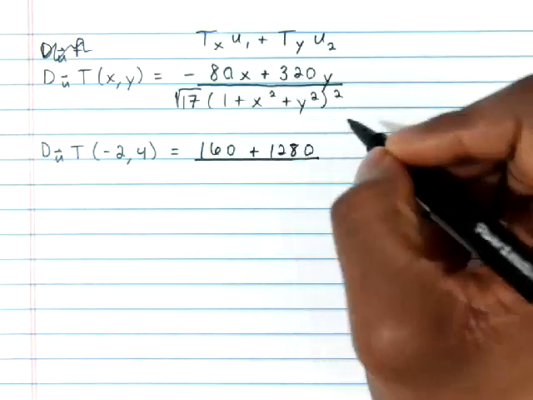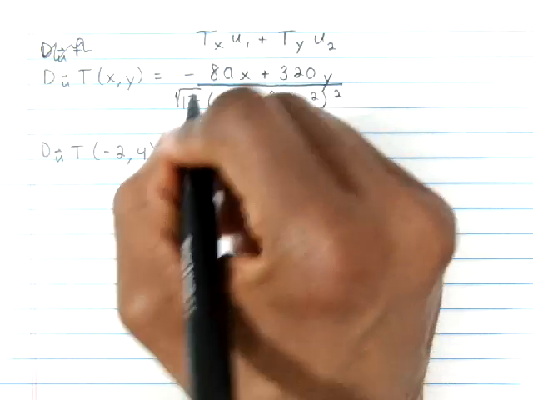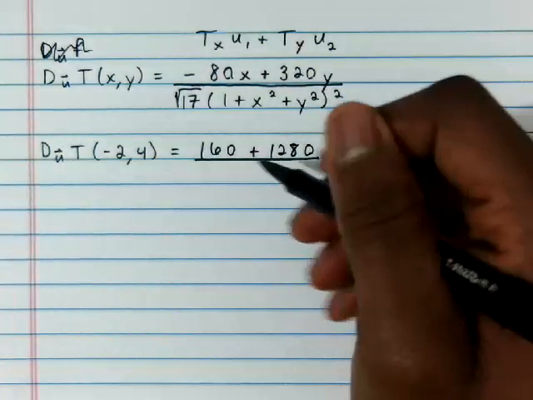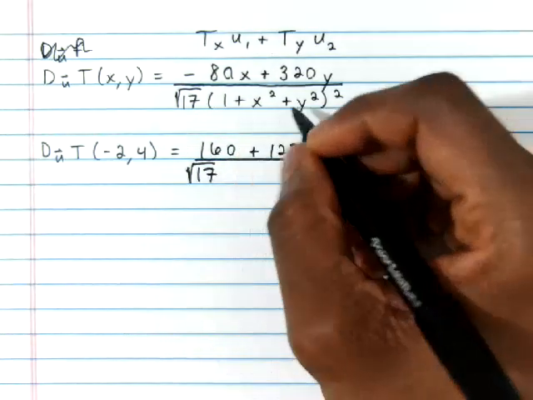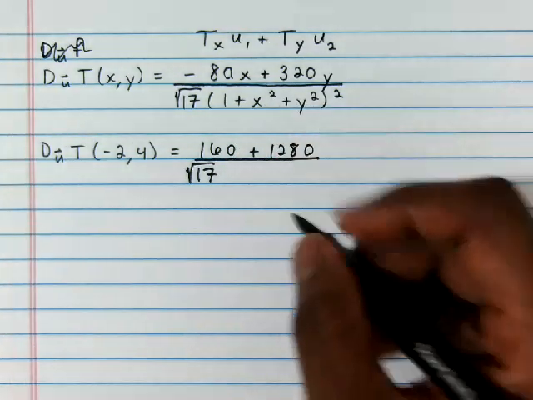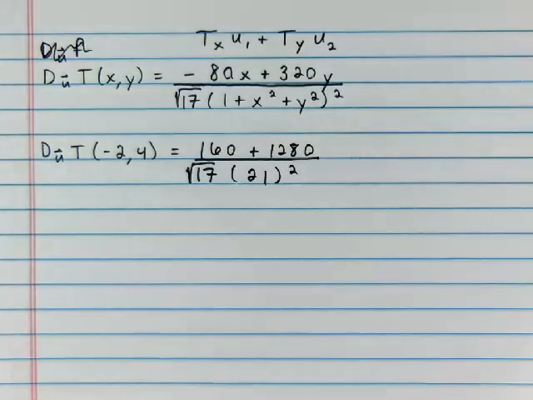So I need that to make sure I have the unit vector. All right, so now that's square root of 17 times, this was 4, 16, 21 squared, whatever that is. And that's what we would get there.